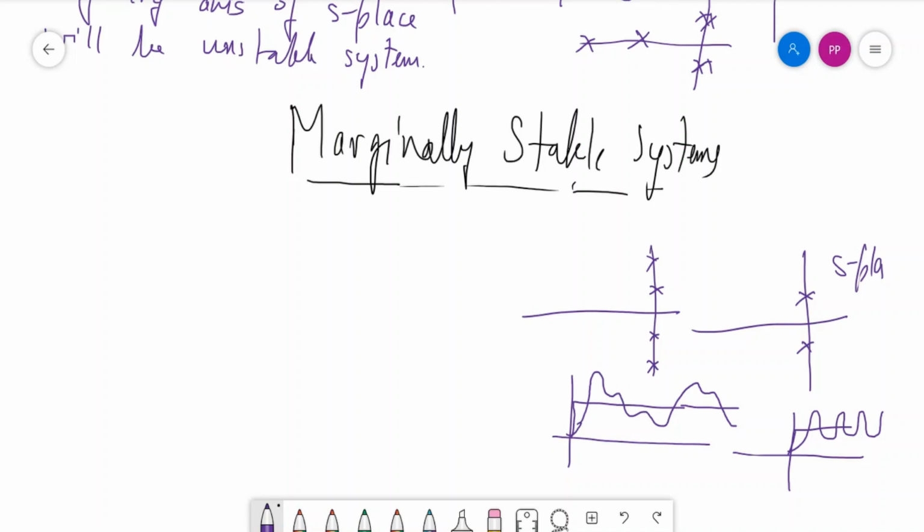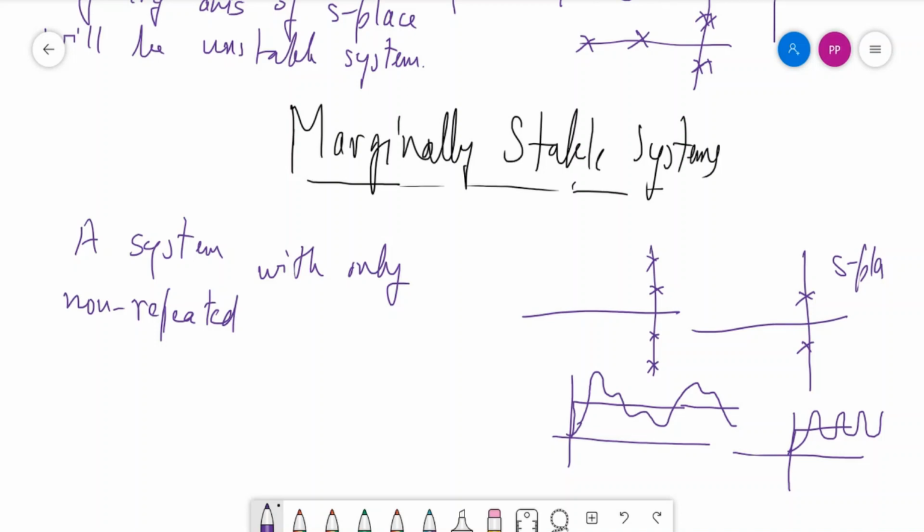Such an example is for the marginally stable system: a system with only non-repeated roots on the j omega axis of the S-plane is marginally stable.